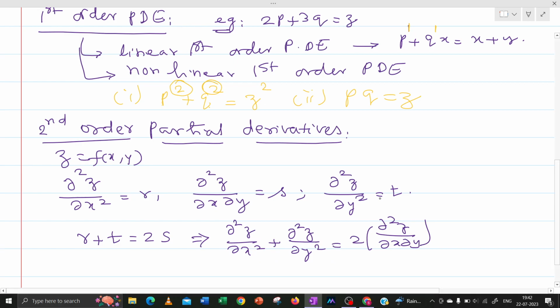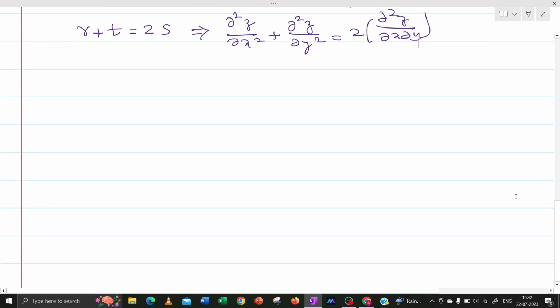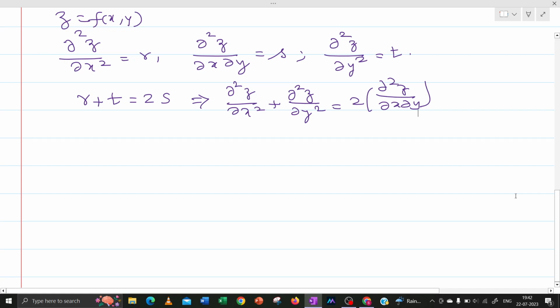Then what is the application of this second order partial differential equation? Generally, in most of the mechanical department, electrical department, even computer science and finance departments, many of them use the partial differential equation concept.